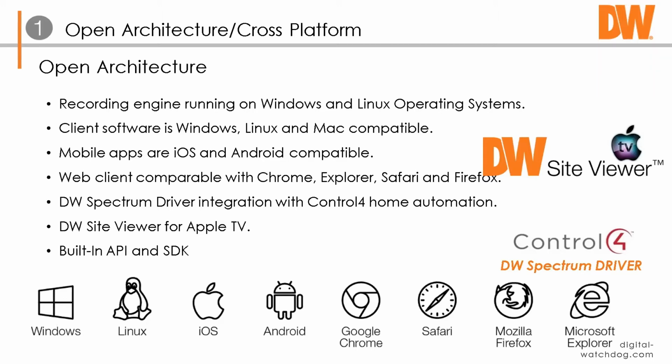We also have our DW Site Viewer software for Apple TV, and every installation has the API and SDK built in. If someone just wants to make a call from a device, you write basically one line of code and you can force a camera to pop up on someone's phone or PC or whatever. The API and SDK is all built in.